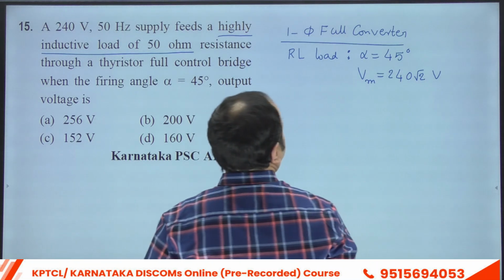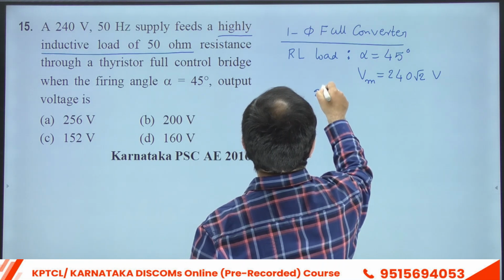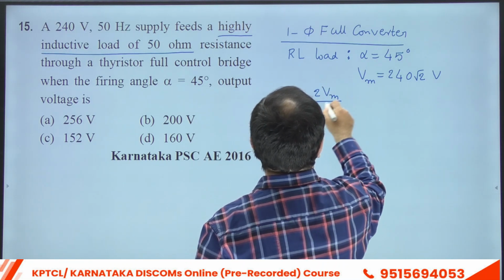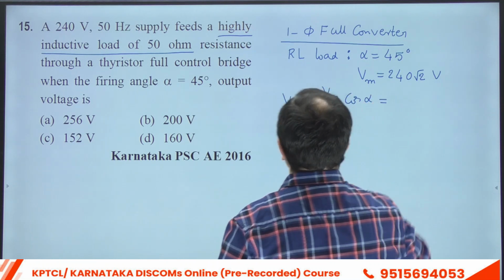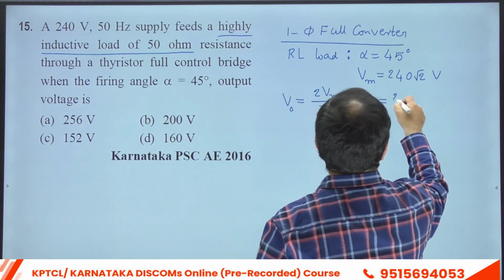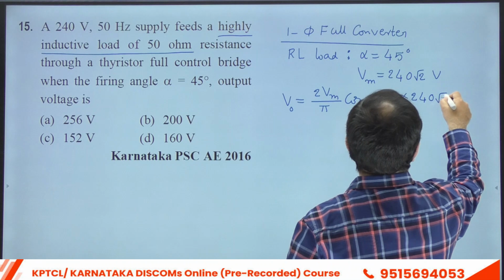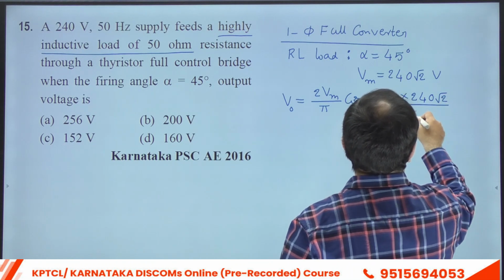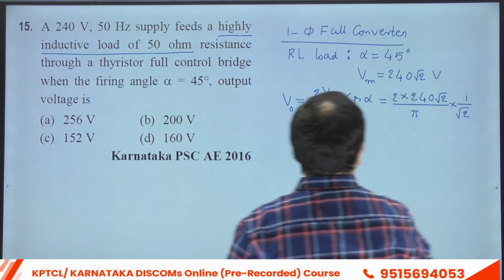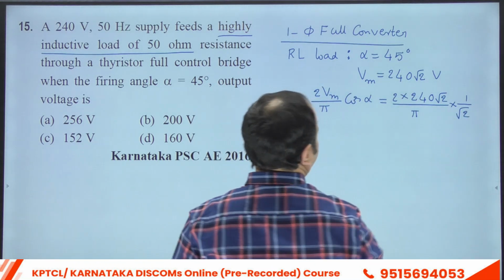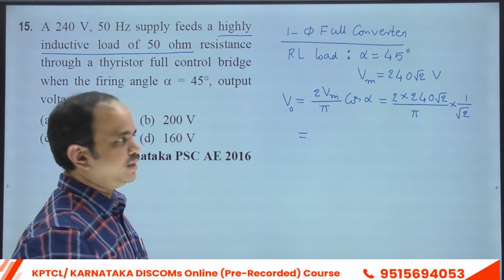Therefore, what is the average output voltage? 2 Vm by pi cos alpha. That is 2 into 240 into root 2 divided by pi, cos 45. Cos 45 is 1 by root 2.